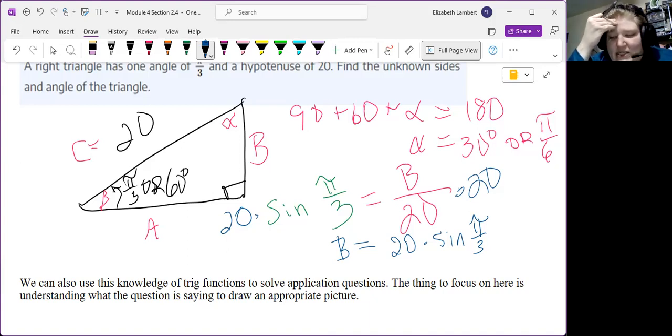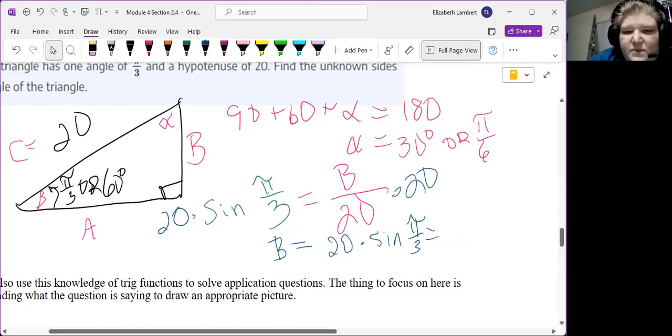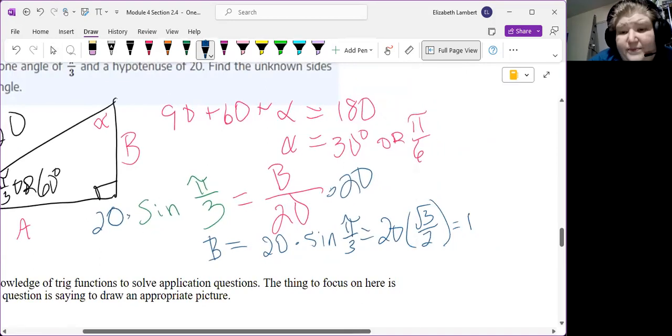So sine of 60, that's short, long, sine is y. So this is square root of 3 over 2. So we get 10 square roots of 3.